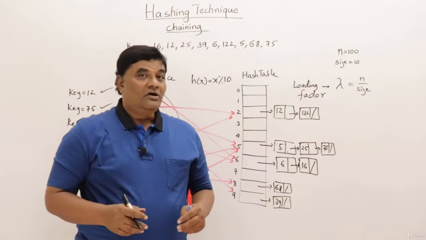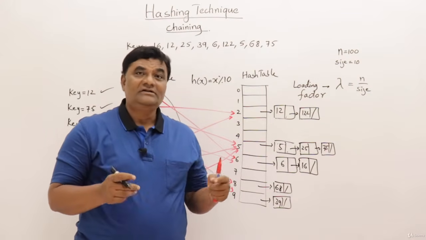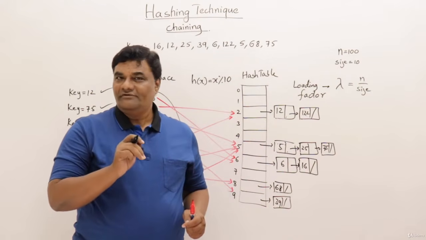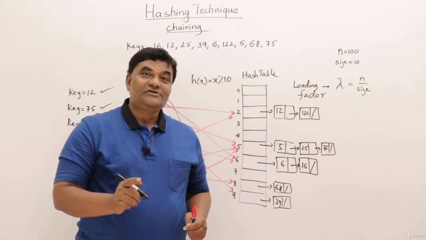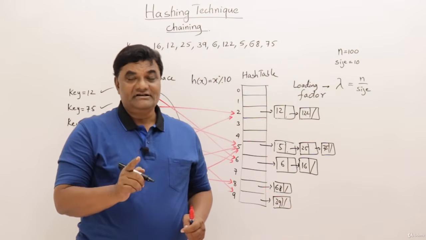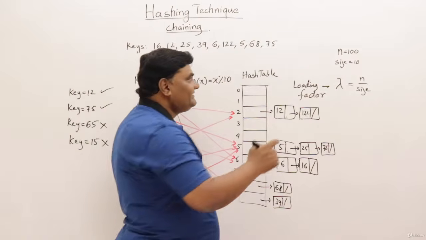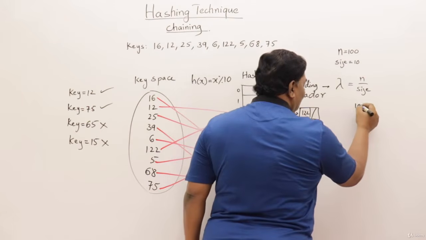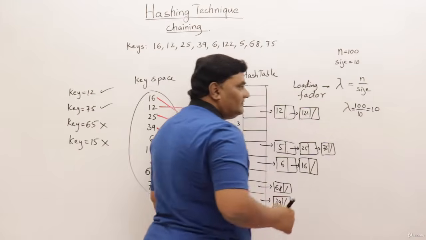All the data structures that we have analyzed so far, we analyzed based on the number of elements, n. But here it is not based on the number of keys, n, but on the loading factor. So analysis of hashing is always done based on loading factor. As per our example, 100 keys and hash table size 10, 100 by 10 is 10. So the loading factor is 10.